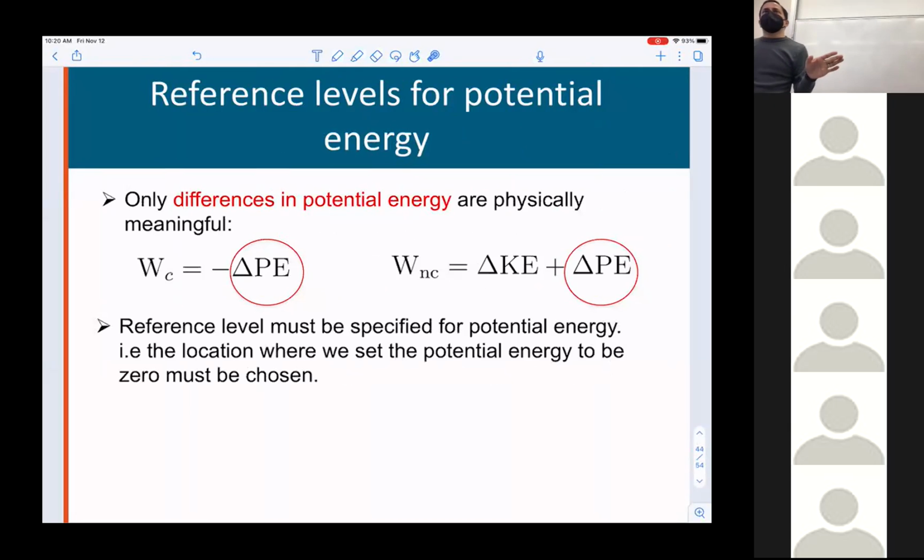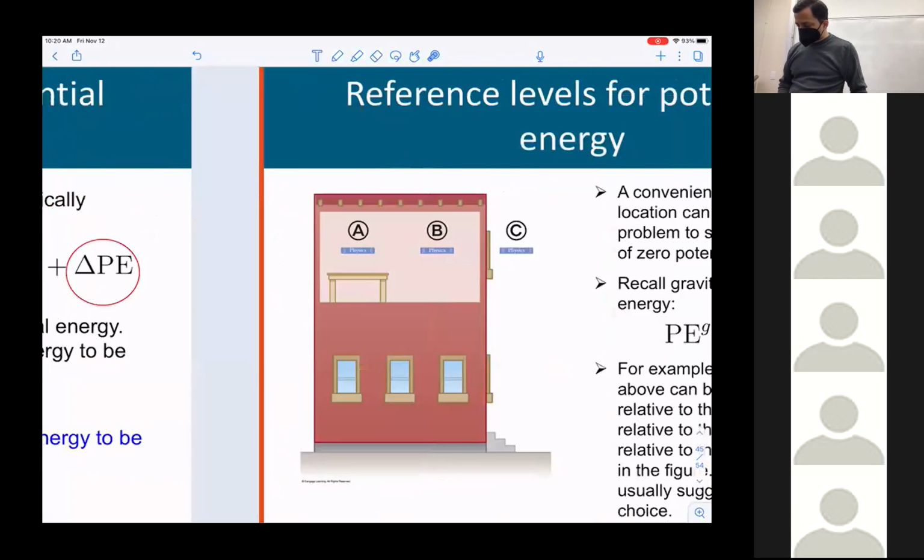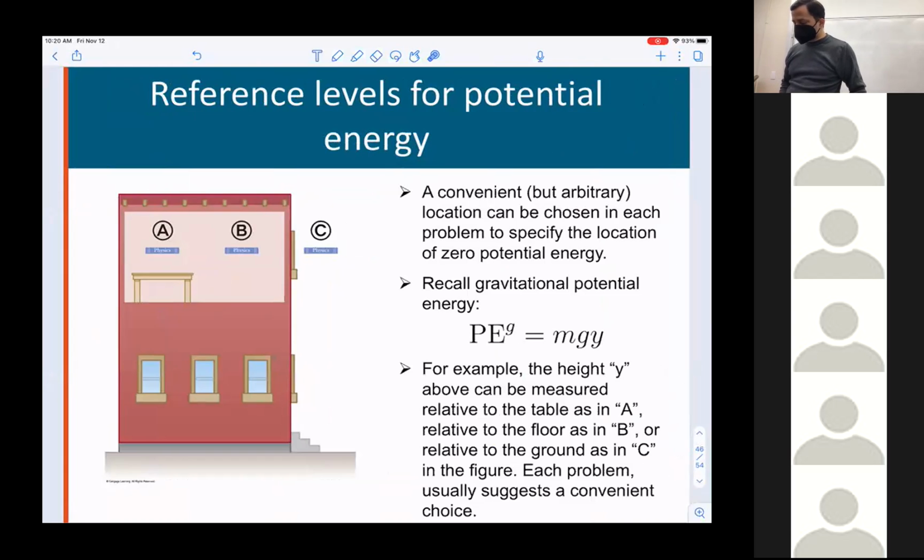But in any given problem, you have to make a choice when you say y equals zero somewhere, and then you have to be consistent with that convention. So a reference level must be specified for the potential energy. That is, the location of where we set the potential energy to zero must be chosen. That is the same as choosing your y equaling zero. And then we come to this picture here.